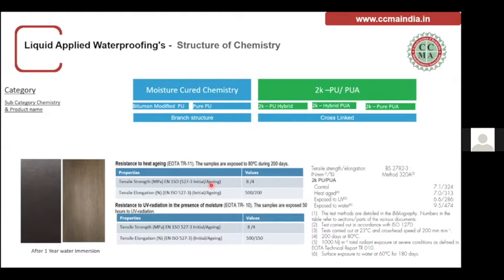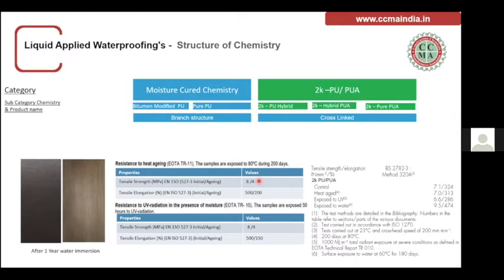What ETA says is that you have an initial tensile strength of the waterproofing of 8 MPa, but once you expose it for 200 days at 80 degrees C, your tensile goes to 4 MPa. This is not taken from any specific report, I just put in these data for your explanation.